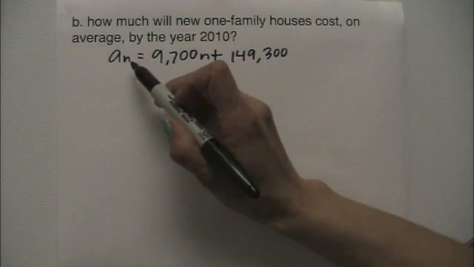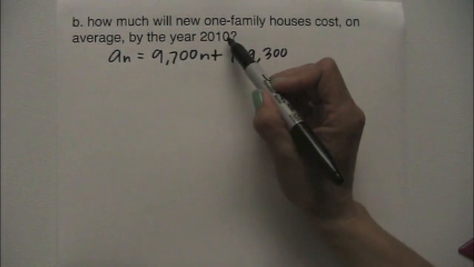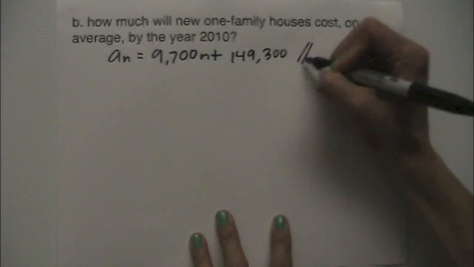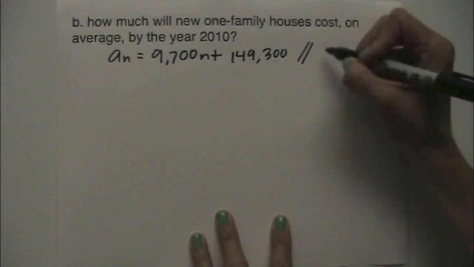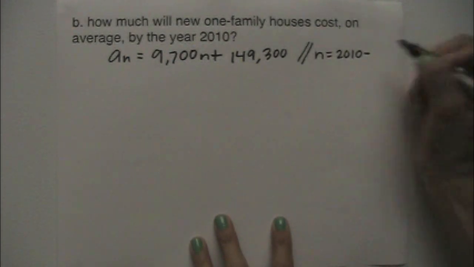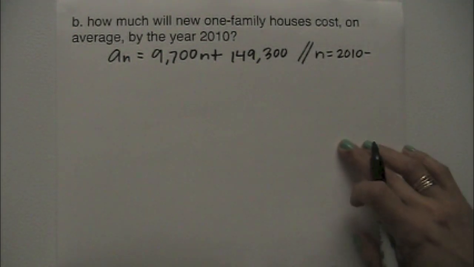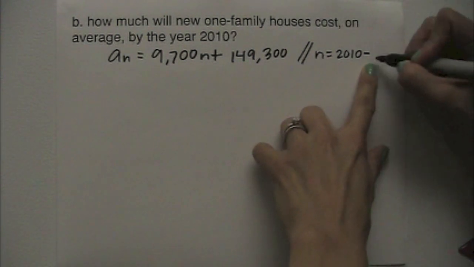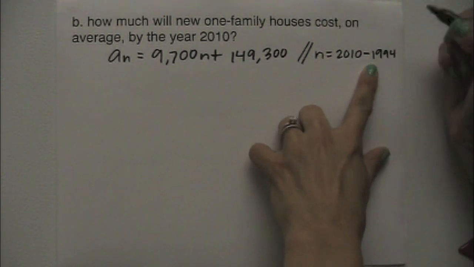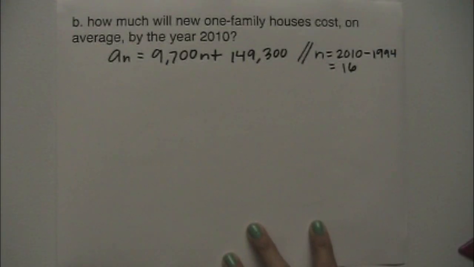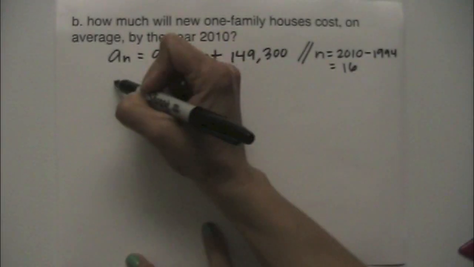We just need to figure out what our n is going to be in the year 2010, and that's given the fact that this formula is going to represent how many years after 1994. And so you end up getting 16 years after 1994 will be the year 2010. And that's a value we're going to plug into our formula.